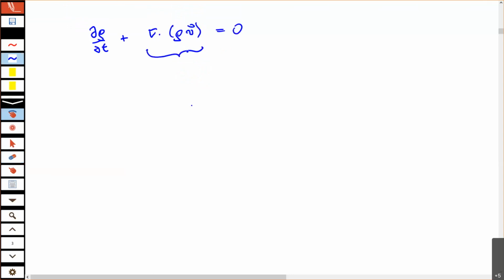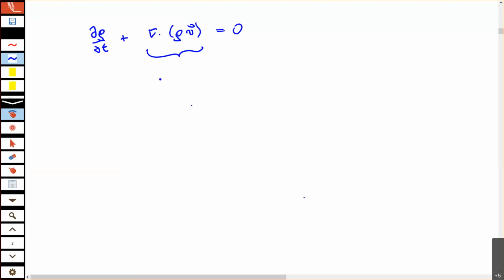Now this term, since the divergence operator is a linear operator, you can rewrite it according to the product rule: you first take the partial derivatives on the velocity and let the density constant, and then you do it on the density and let the velocity constant.